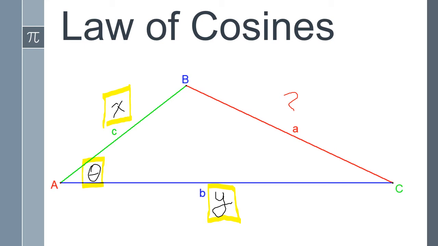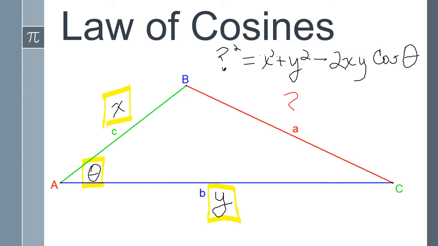Now, here's what we have to do. We know that the question mark squared equals one side squared, x squared, plus the other side squared, y squared, minus 2 times x times y times the cosine of theta.